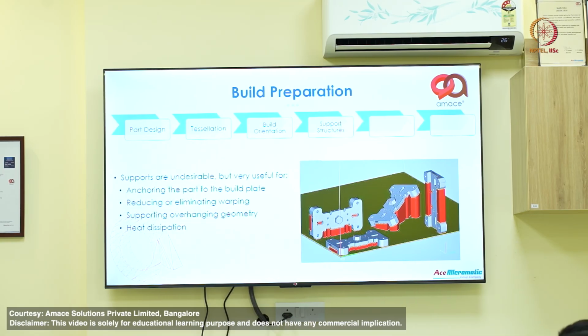There is a contact between the part and the platform, because during the melting tremendous heat will be generated that has to be transferred to the build plate. So these supports are useful for anchoring the part to the build plate to eliminate warping, supporting the overhang geometry and improving the heat dissipation.